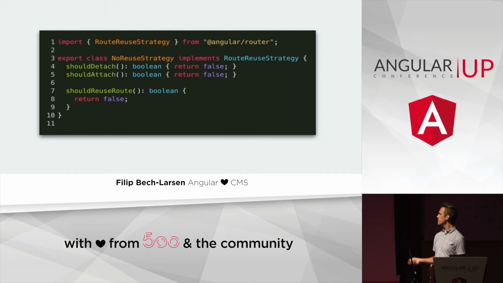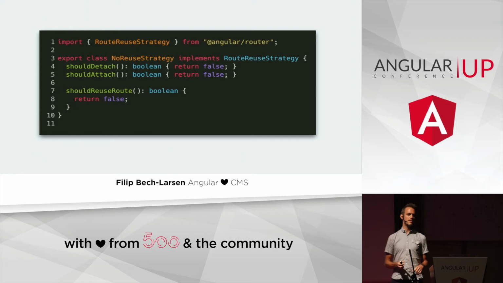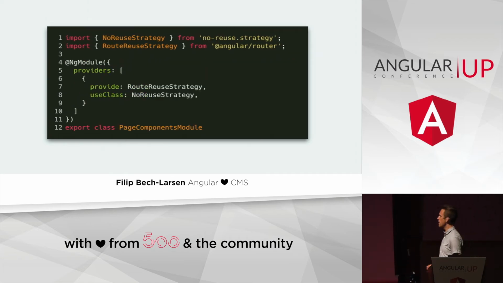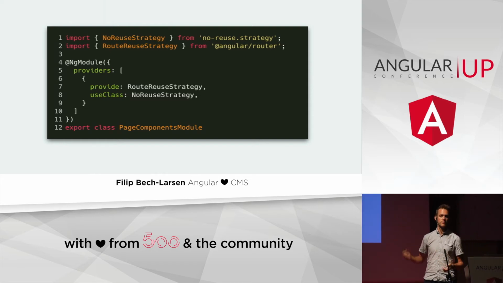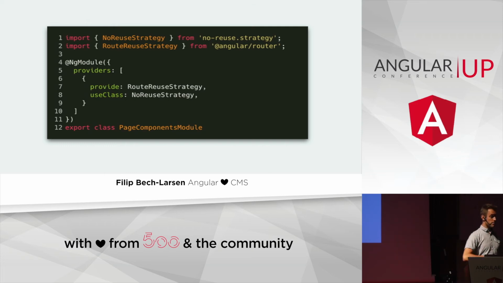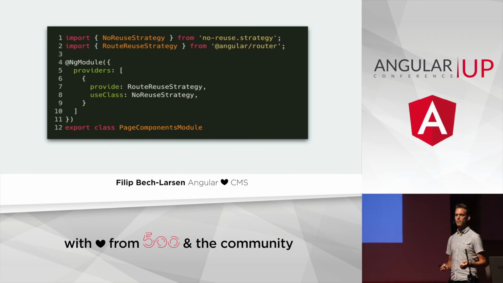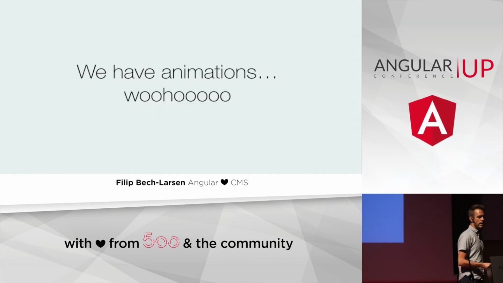The only important thing is that I made a simple version where should reuse route always returns false, and that means that whenever there's a route change, we reload the route. This is how you use it: in your providers, you say whenever Angular asks for the router reuse strategy, use mine instead. So now we have real route change, so we can do real route animations, which is super awesome.